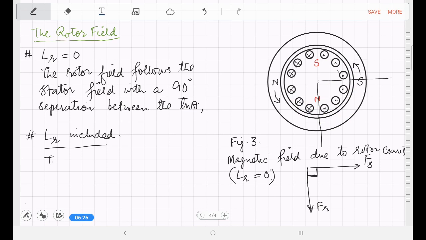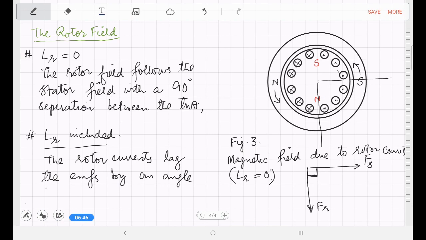So the rotor currents lag the EMFs by an angle called the rotor power factor angle phi, and therefore we can show the distribution of the currents with L_R included.